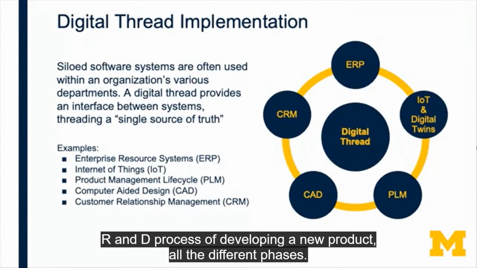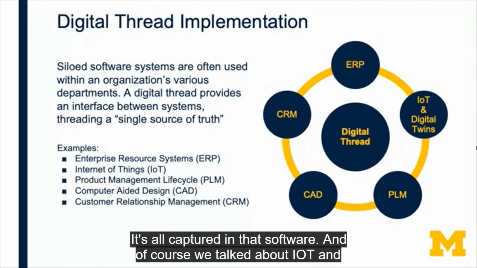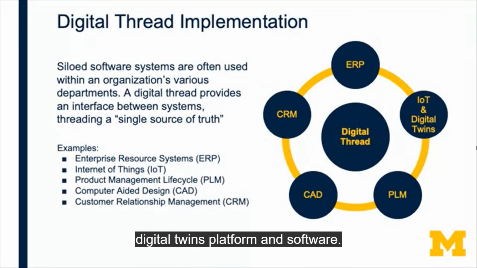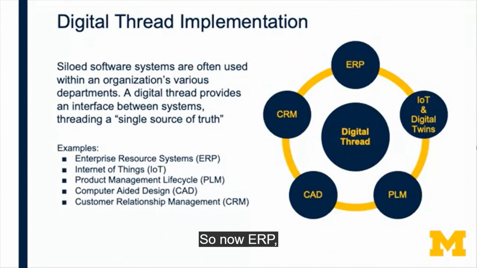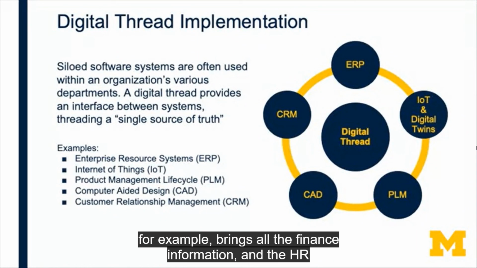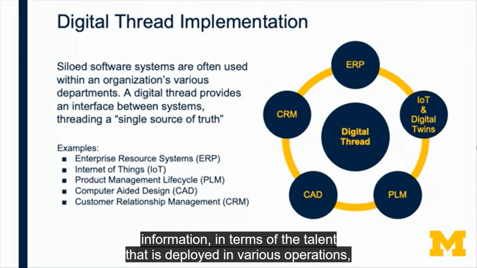It's all captured in that software. And of course, we talked about IoT and digital twin platform and software. So ERP, for example, brings all the finance information and the HR information, in terms of the talent that is deployed in various operations, all those information there.